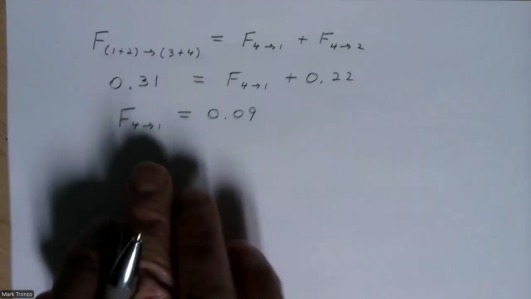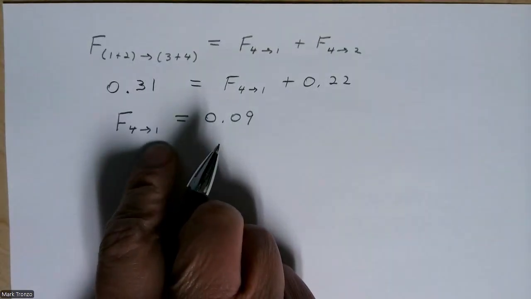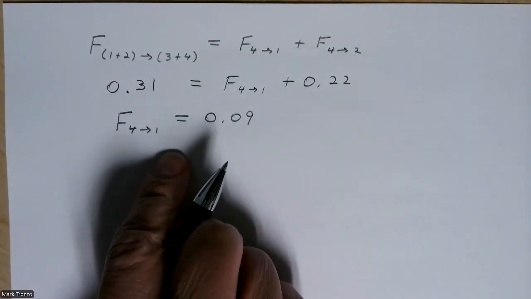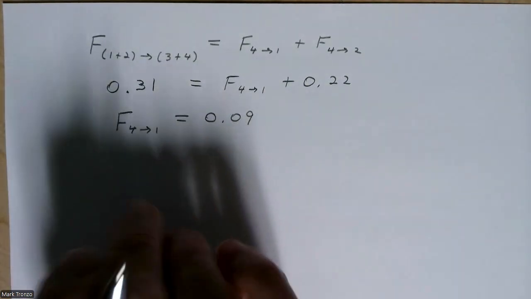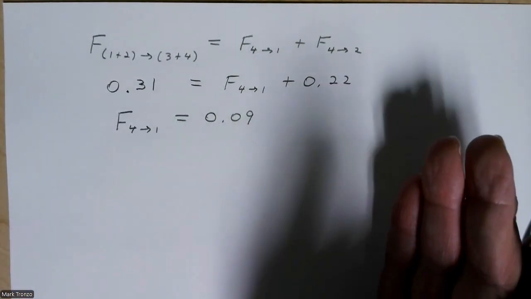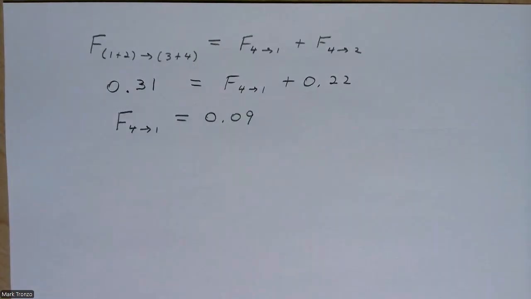Now, it's actually going to be the case that F4 to 1 is the same as F1 to 4. That's not always going to be the case. In fact, the vast majority of the time, it's not. But it happens that they both have the same area.